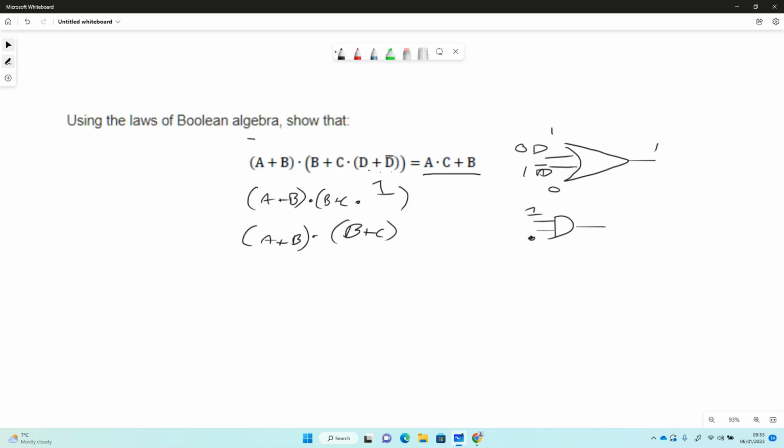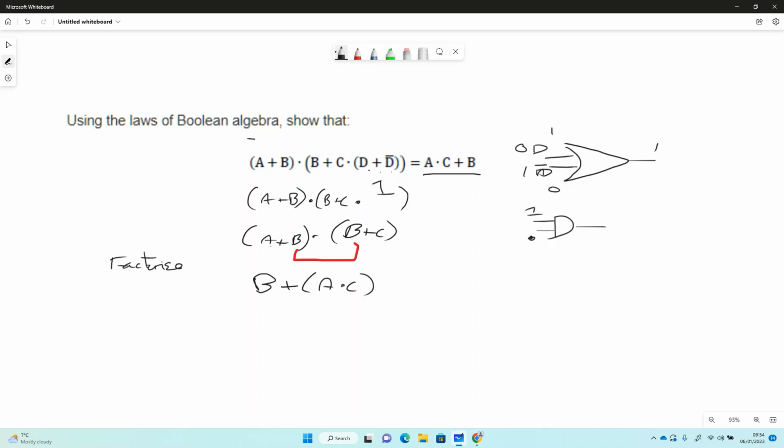So we could factorize then. We're identifying like terms. So we've got a like term there, and we could then take the B outside of the brackets and we get B or A and C. So A and C are the other terms.